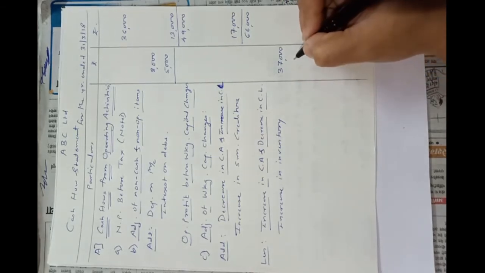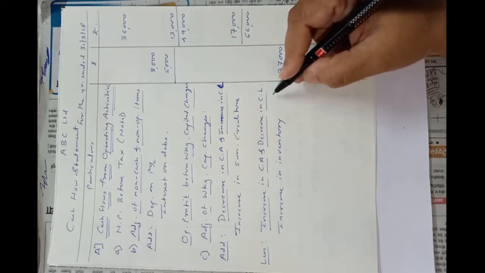It is correct, 37,000. एकच करंट ॲसेट आहे. आता डिक्रीज इन करंट लायबिलिटी बघूया. देर इज डिक्रीज इन बिल्स पेएबल.